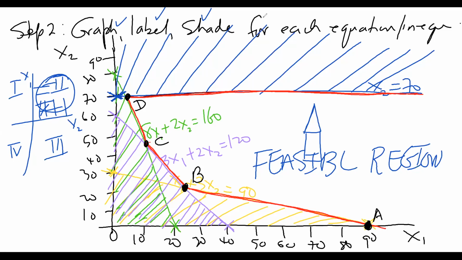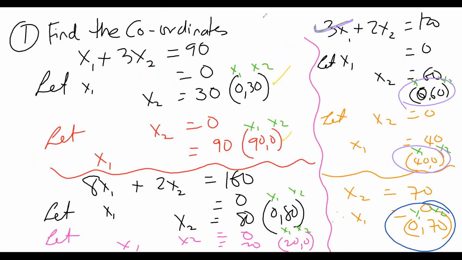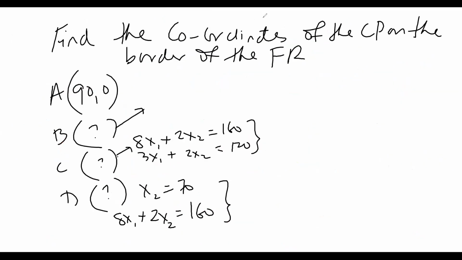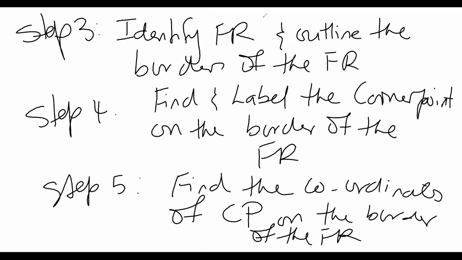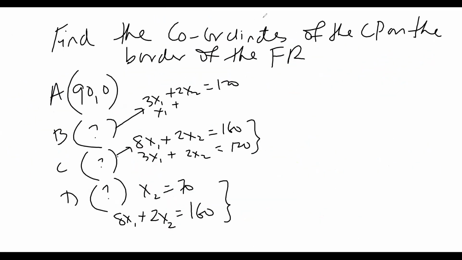So we need to solve 3x1 plus 2x2 equals 120, and the yellow line, x1 plus 3x2 equals 90. Good.